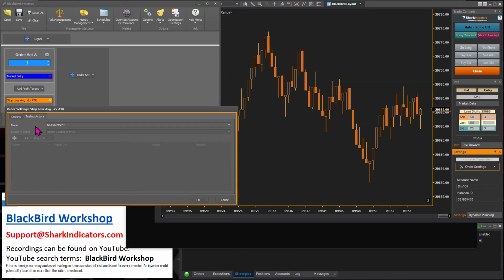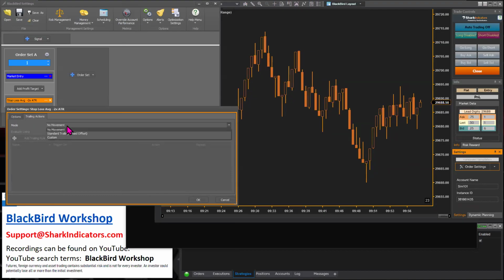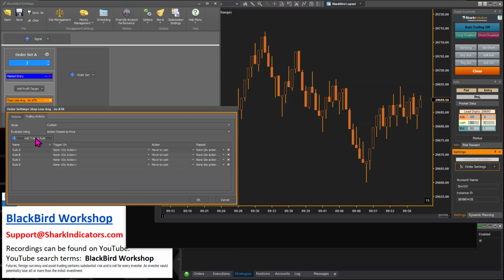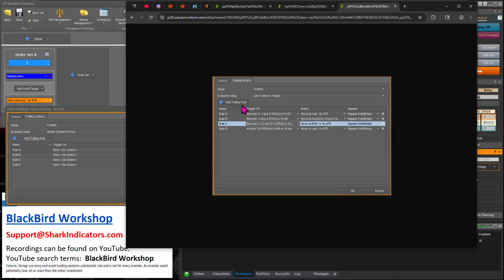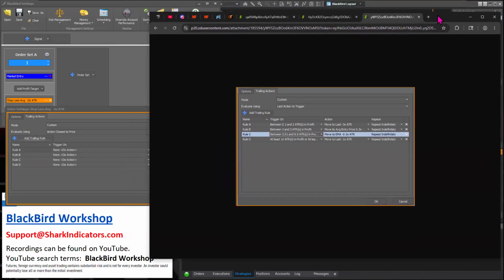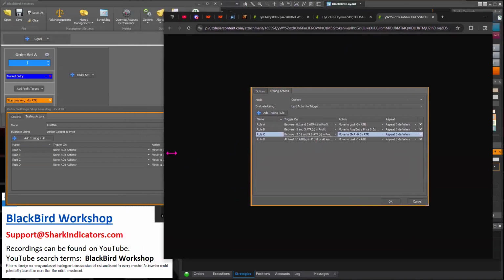Let's switch over to the trailing rules and enable the trailing capability. We'll add our 4 trailing rules like so. And next, let's pull up our screenshot.